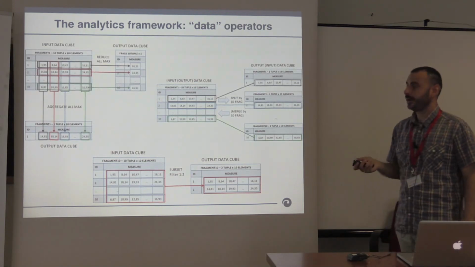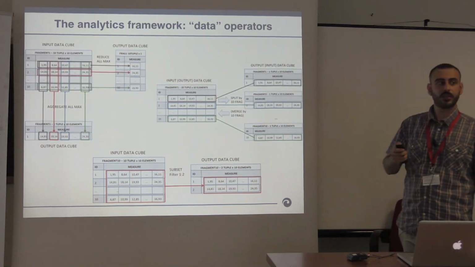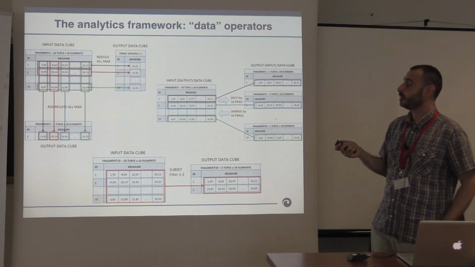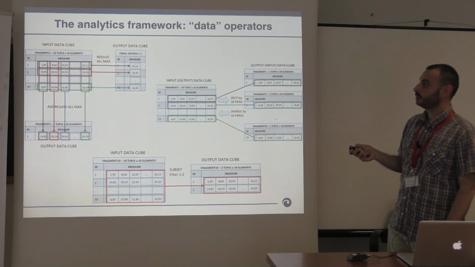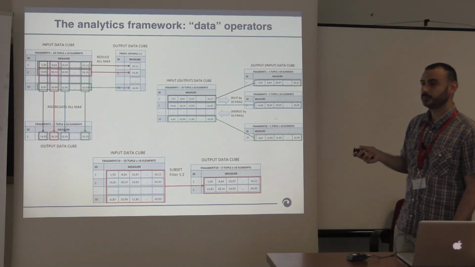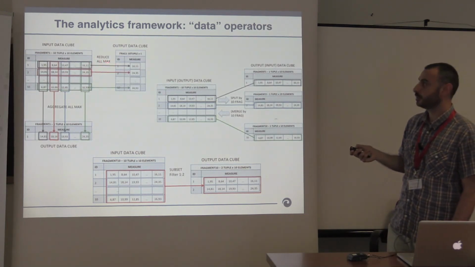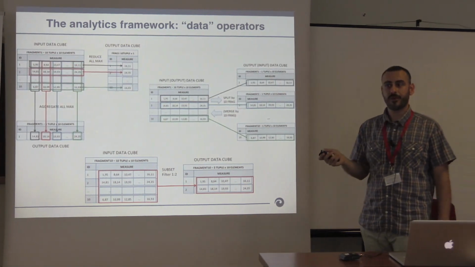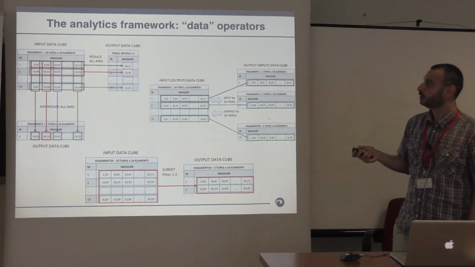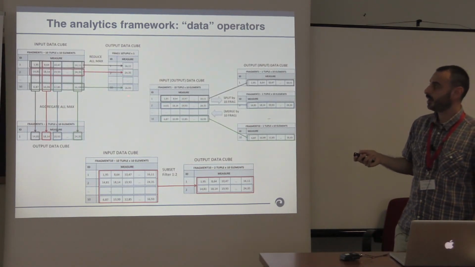Concerning the operators, as I said before, we developed many more than 50 operators. This is an example. We want to reduce the arrays in order to find the maximum values. So we can apply the operator reduce in order to find the maximum value for each array.